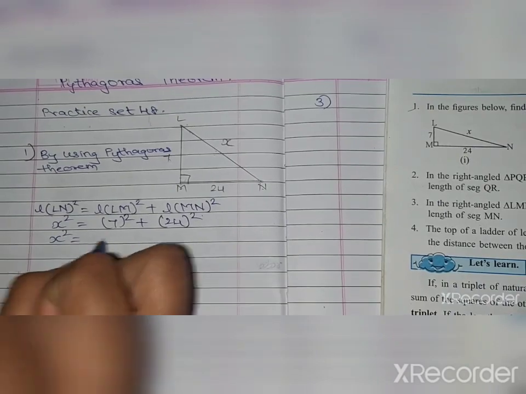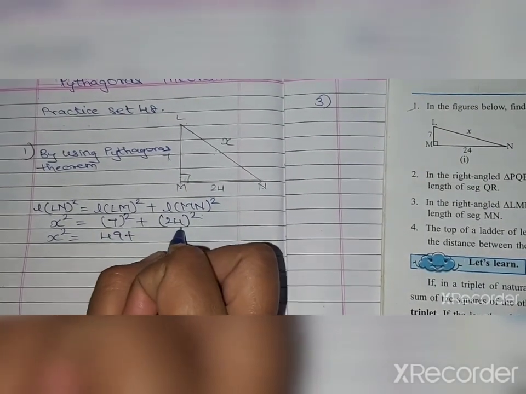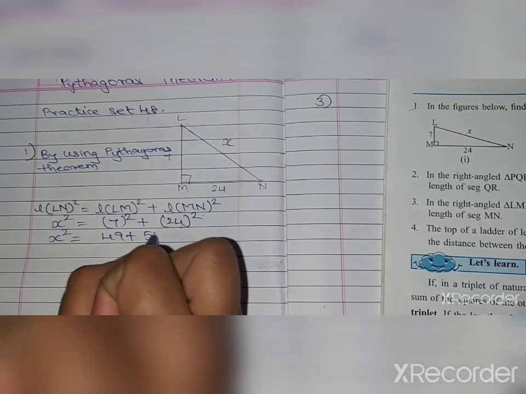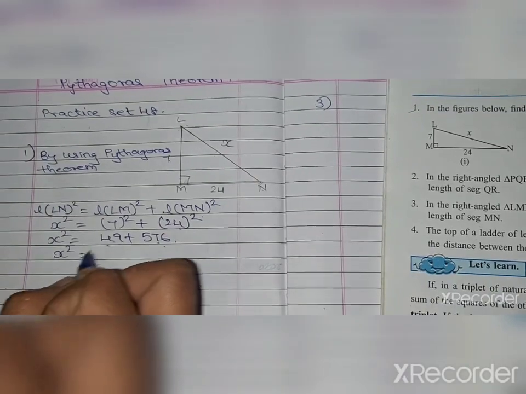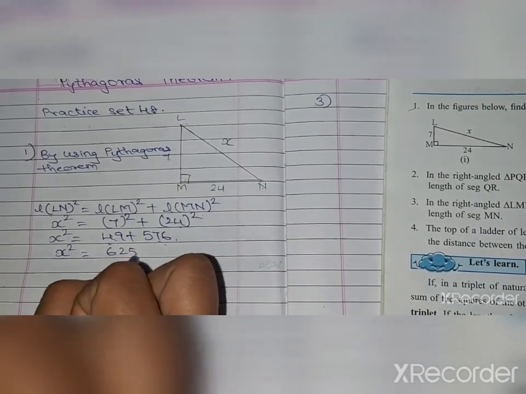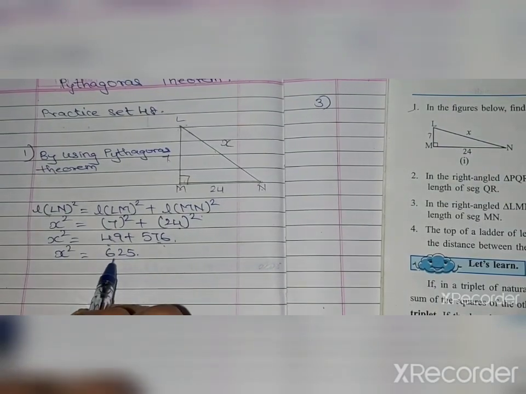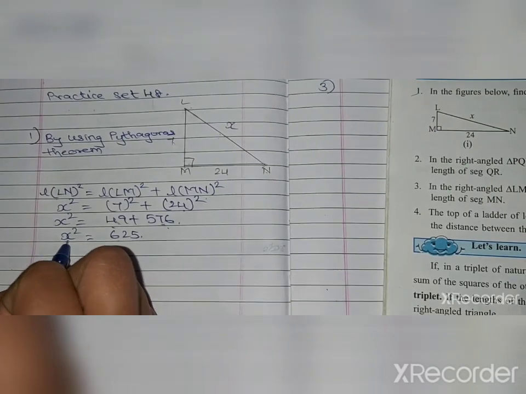So x square equals 7 sevens are 49 plus 24 multiplied by 24, which will give you 576. 49 plus 576 will give you 625. Now you have to find the value of x, not x square.